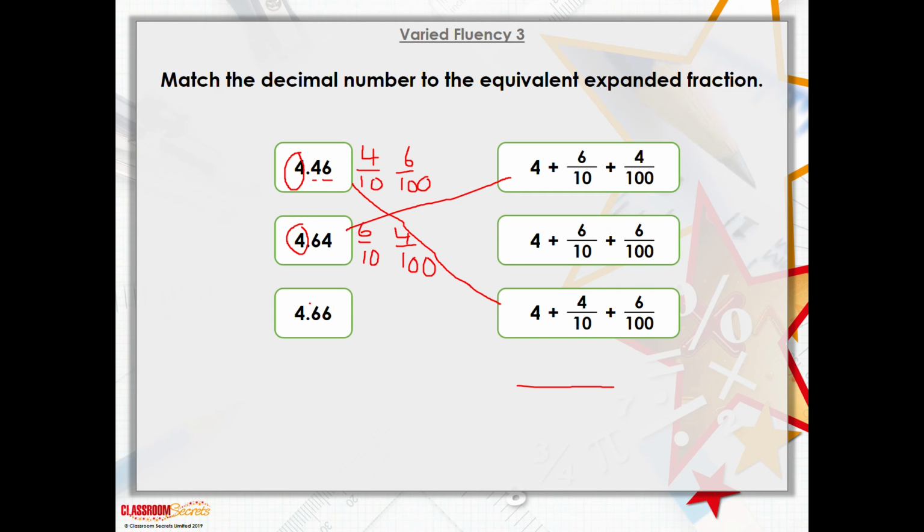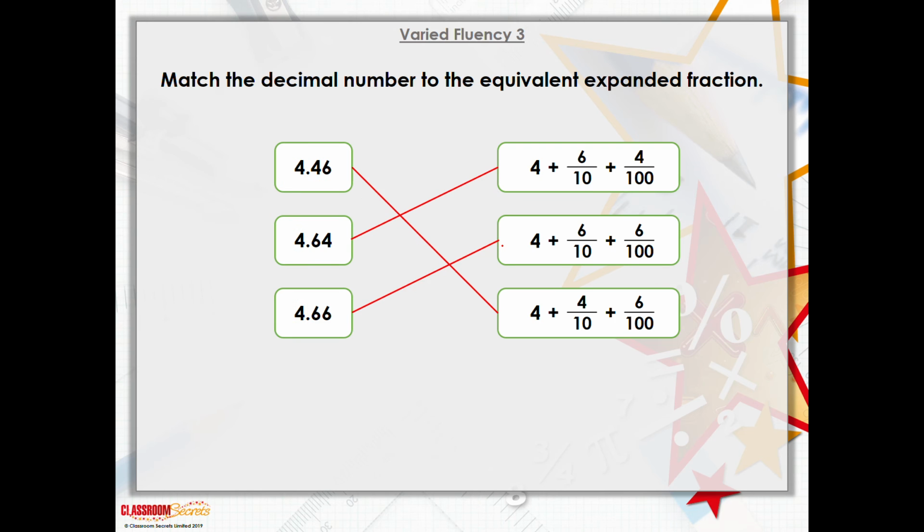Then look at the last one, 4 whole numbers. We have 6/10 and then 6/100ths. And that's my middle answer in my right hand column. Right, next one. Let's have a look at our next question.